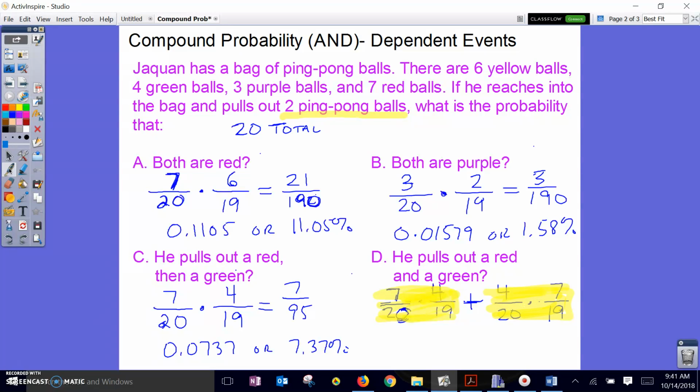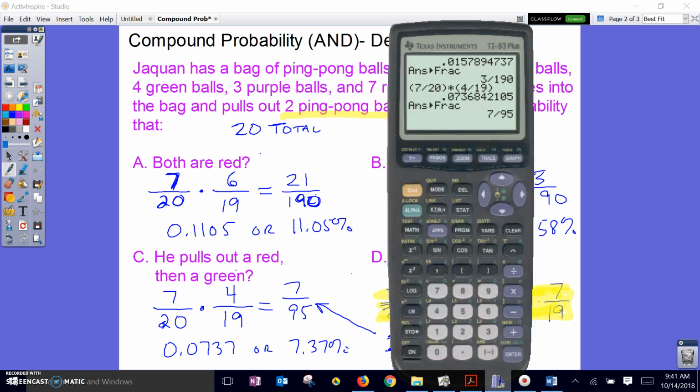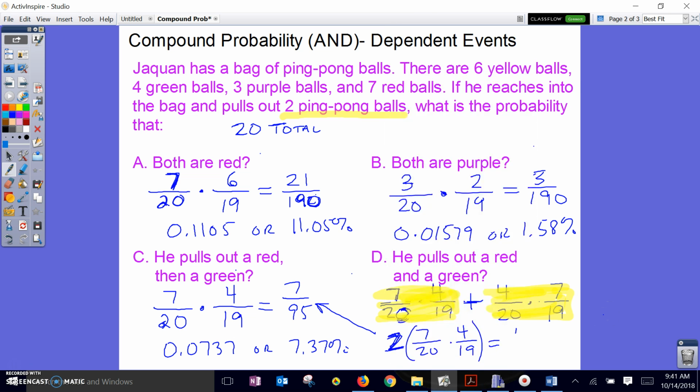So really, I can just double one of these probabilities to get the probability of pulling out a red and a green. We already calculated that probability back here. So I'm going to take 2 times 7 over 95, which is just 14 over 95.